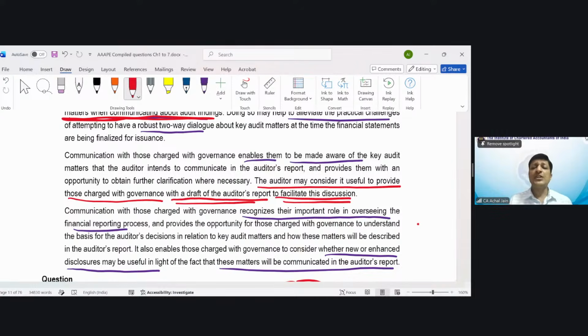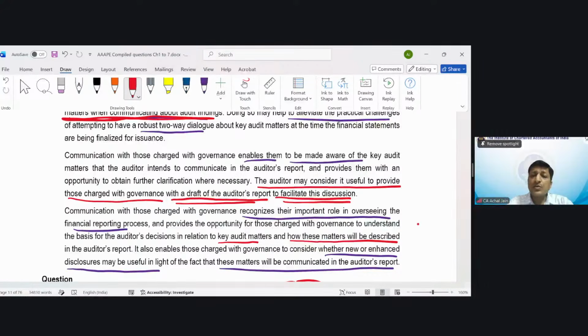Communication with TCWG recognizes their important role in overseeing the financial reporting process, and provides the opportunity for TCWG to understand the basis for auditors' decisions in relation to CAM, and how these matters will be described in the auditor's report.